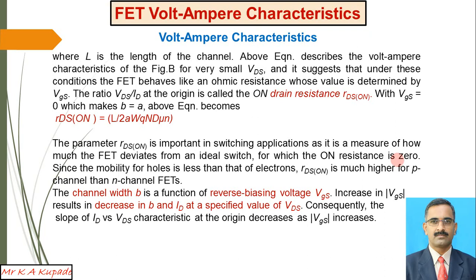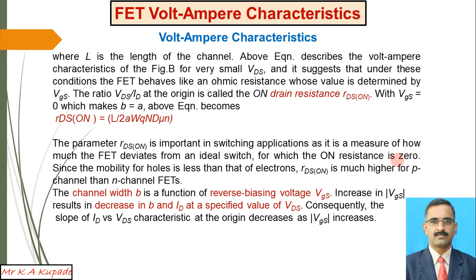Here the ratio VDS upon ID at the origin is called the on-drain resistance, mentioned as RDS(on), with VGS equal to 0, which makes b equal to a, and the above equation becomes RDS(on), the on-drain resistance, equal to the given equation.